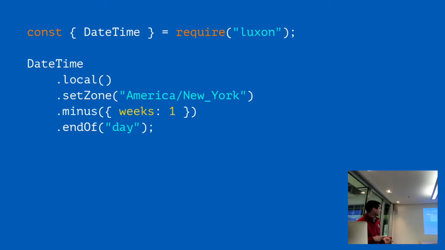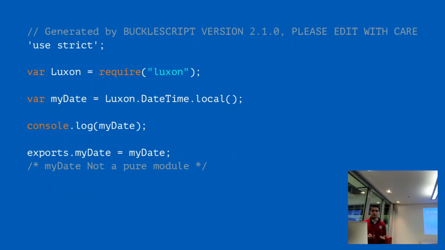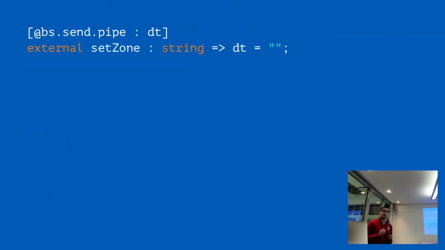Let's take a look at the second method here, setZone. It's a method or function that is applied on a datetime object, right? Its only argument is a string, and its return type is, once again, datetime object type. So to create a binding for it, we use the bs.send.pipe attribute.